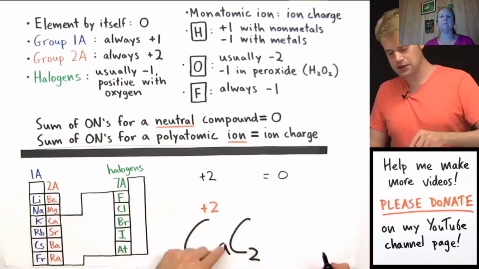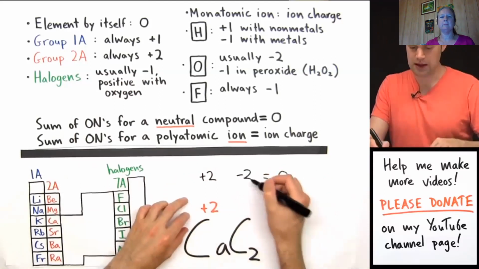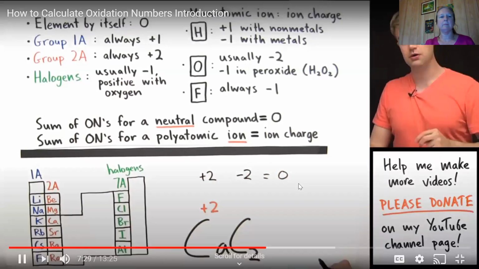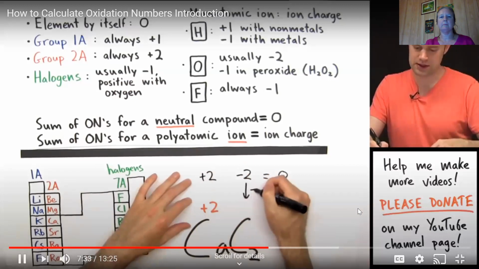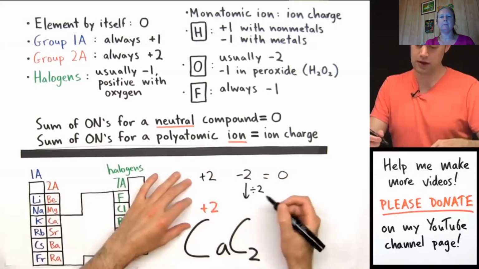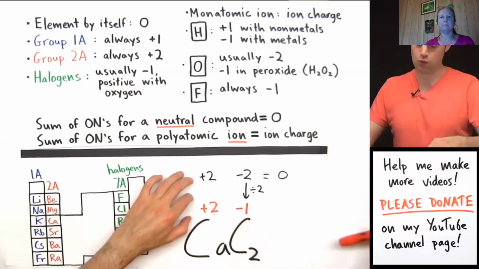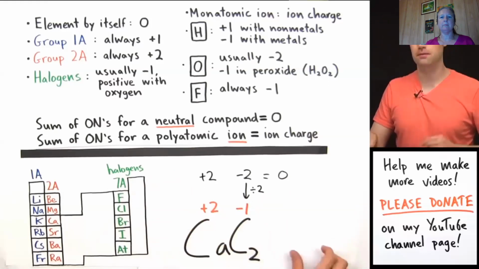That means that the total number on carbon is going to be -2. But there are 2 carbons here, so we have to divide this number between the 2 of them. So we're going to take this and divide it by 2 to get an oxidation number of -1 for each one. +2 for calcium, -1 for carbon.